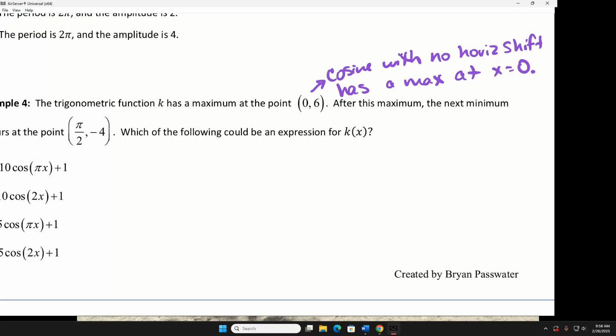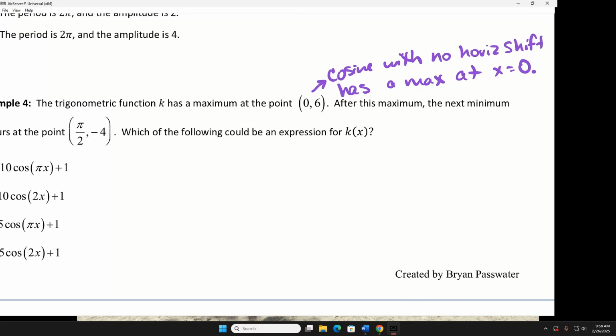So if you're trying to decide between sine and cosine here, because cosine has a max at 0, and this has a max at 0, it's going to be cosine. All right, so we're going to do the same thing we did before when we're trying to find the D, and the midline and the amplitude and the period.